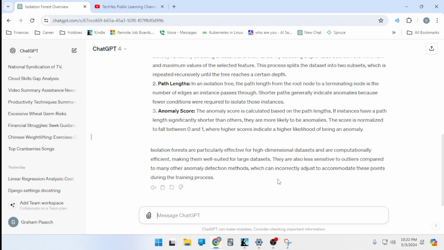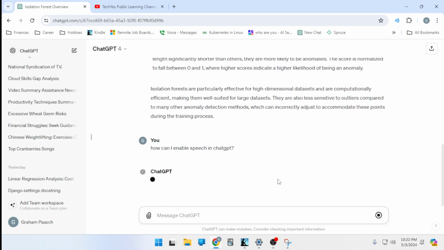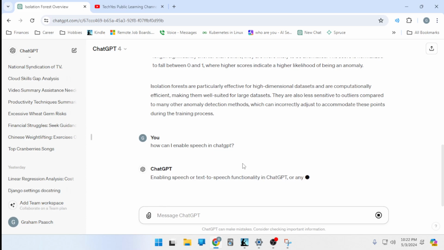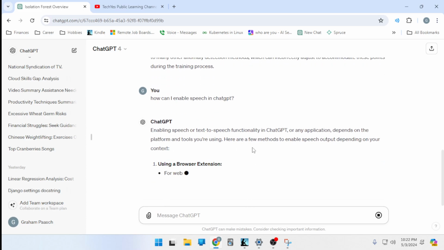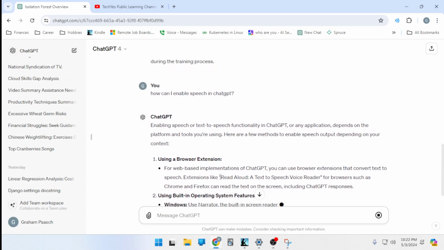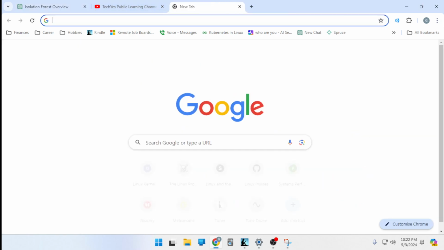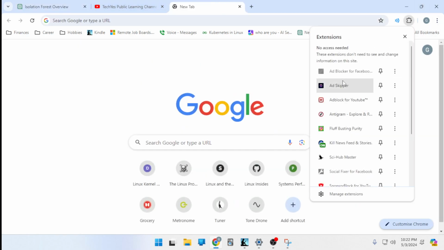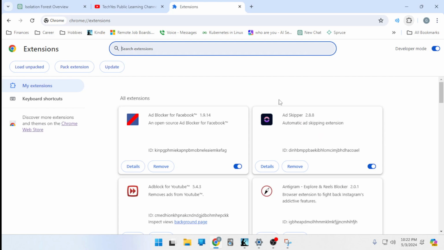So how can I enable? Okay, so I have to use a browser extension. I had one that I was really happy with, but it deleted itself.